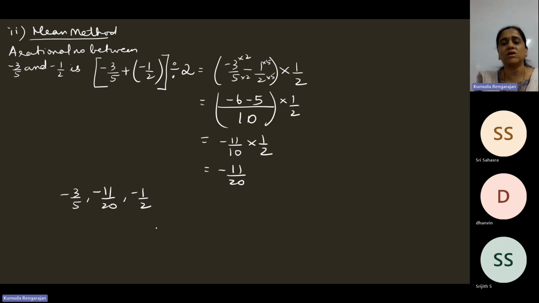Now take any two numbers. Don't take the same two numbers which you've already taken. Which two numbers do you want to take? Minus 3 by 5 and minus 11 by 20.